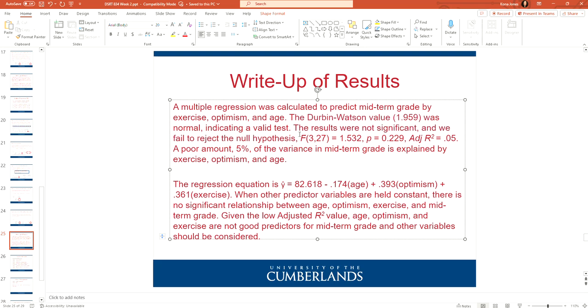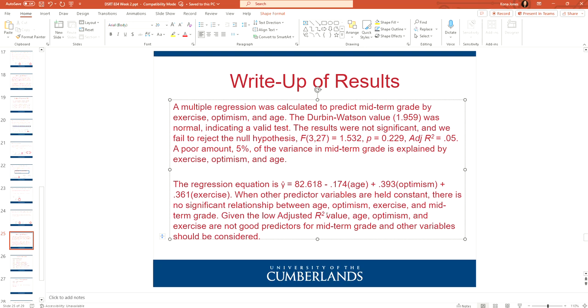Then we've got our APA right here, all that good information. Make sure to italicize the F, the p, and the adjusted R-squared. Include that poor amount of the variance in midterm grade is explained by exercise, optimism, and age. Include that regression equation. Then you would just say that when other predictor variables are held constant, there is no significant relationship.